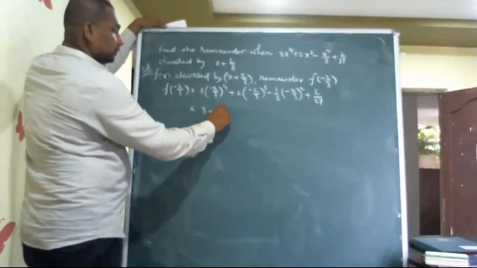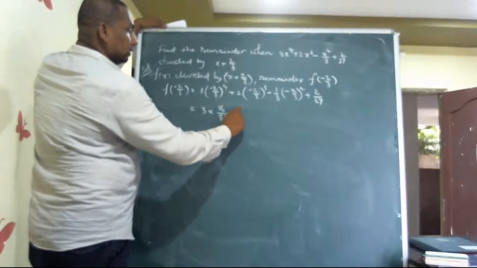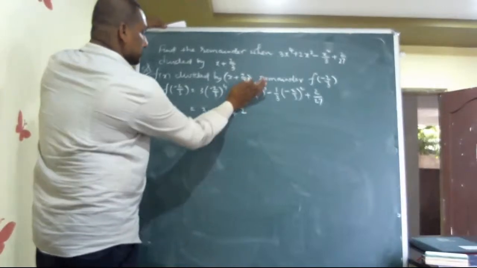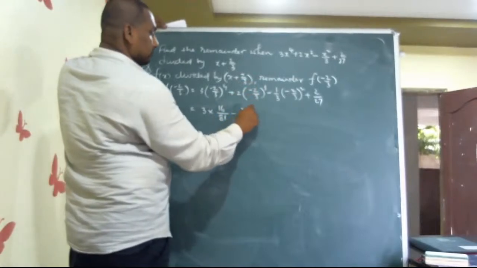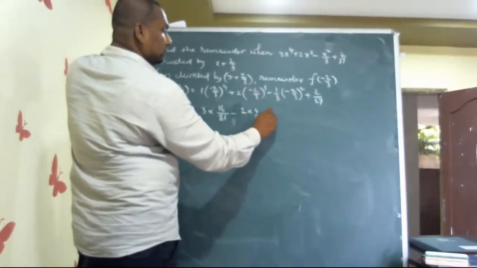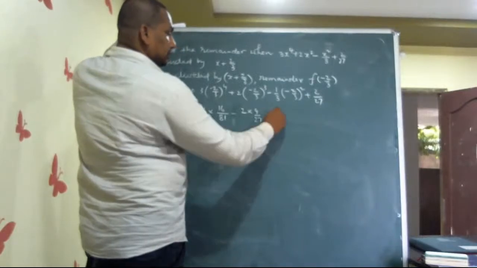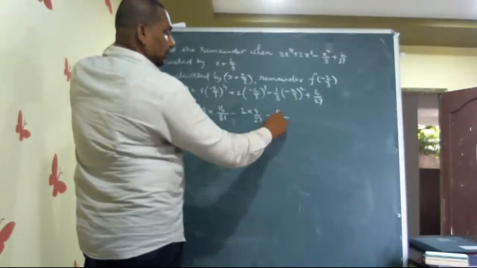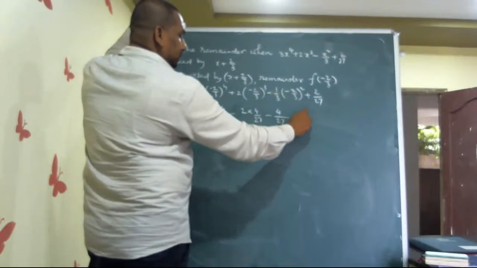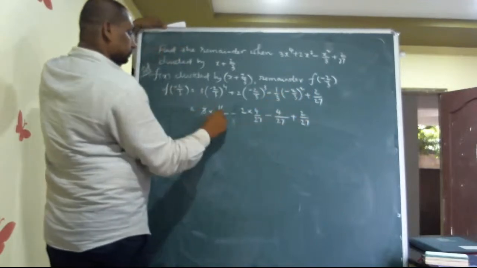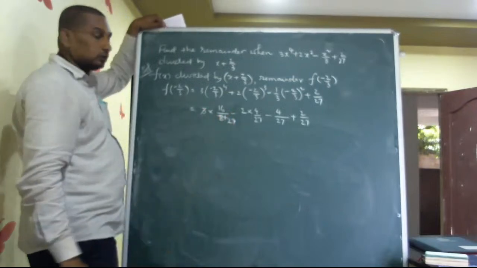Three times 16/81 plus 2 times minus 8/27 minus 4/27 plus 2/27.